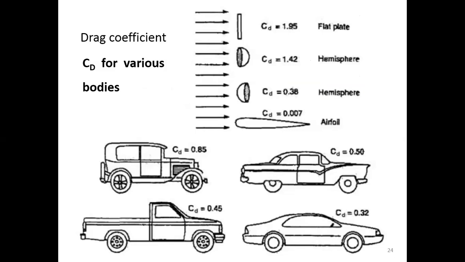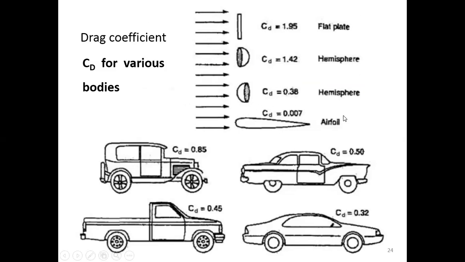Okay, this shows you the different drag coefficients for various shapes of the body. You have a flat plate here, you have a high CD. For the hemisphere that encounters the flow directly, the CD is also high, but for a hemisphere that does not encounter the flow directly, you have a low CD.